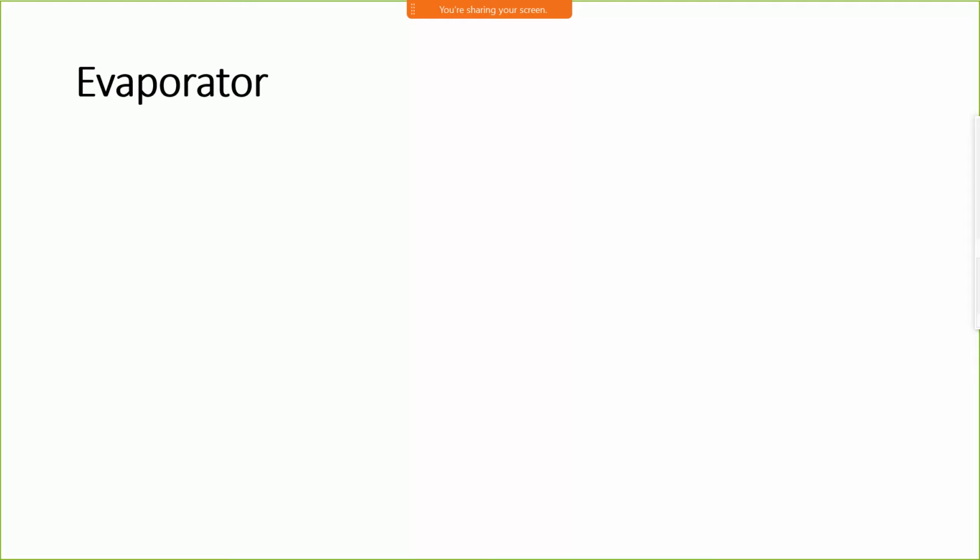Now, what is an evaporator? An evaporator is a device which is used to evaporate the fluid. If we take an example of a thermal power plant, the evaporator is used to evaporate the water. It is used to convert water into steam. An evaporator is also used in a refrigerator.